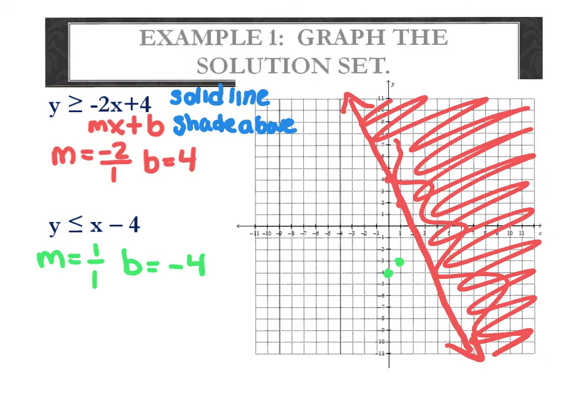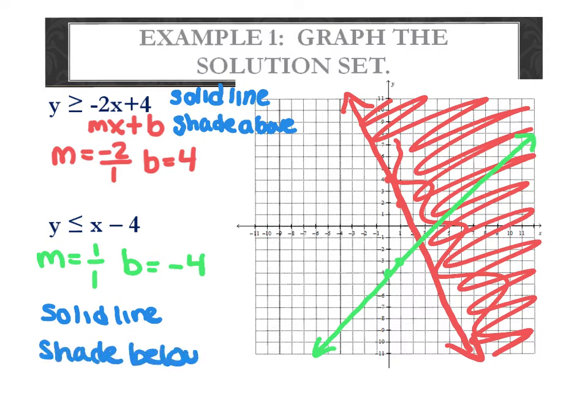Now, since it is less than or equal to, it's going to be a solid line. So I can draw my green solid line. And since it's less than, I'm going to shade below. So I'm going to shade the entire area below the line.